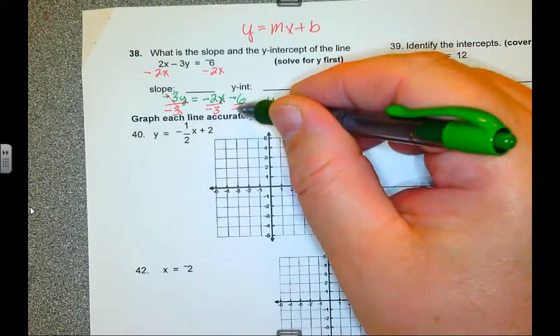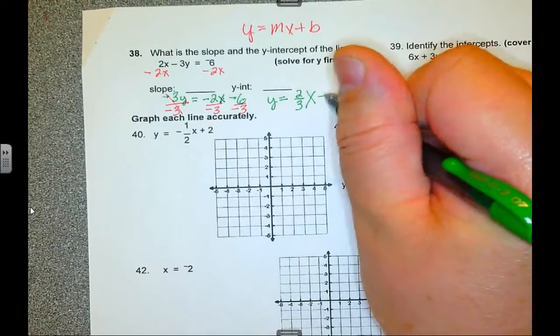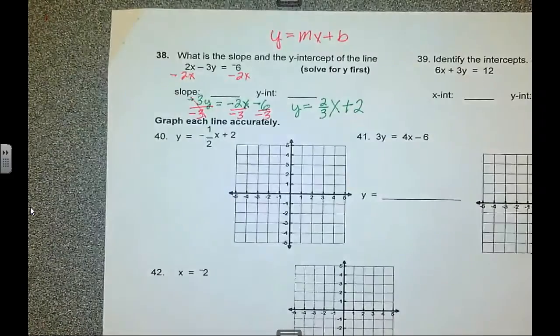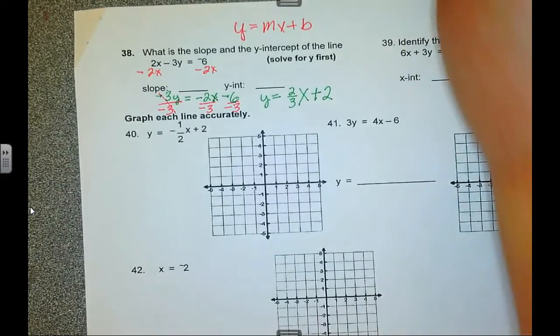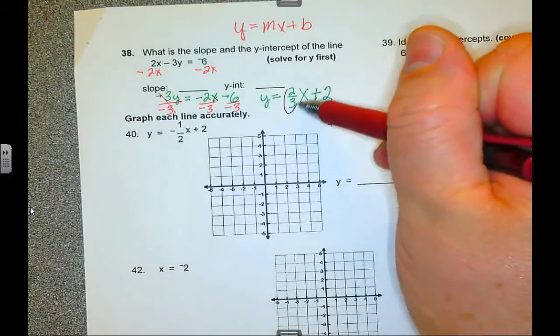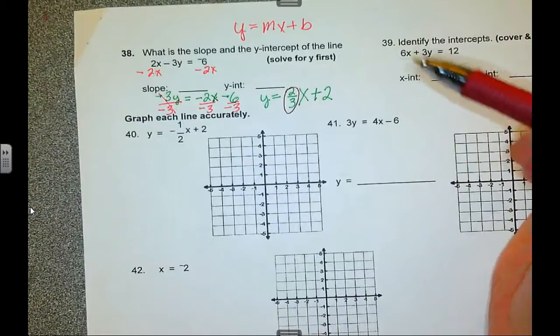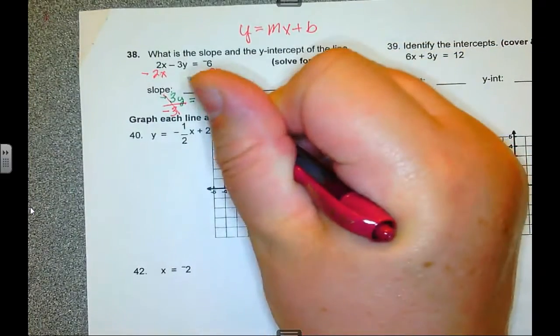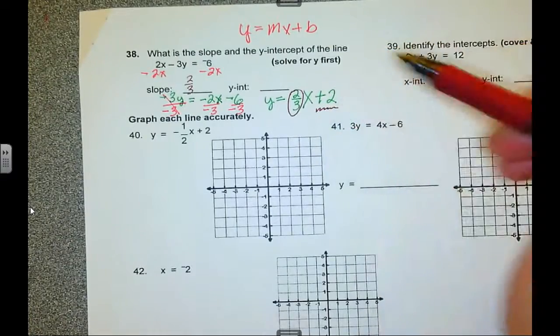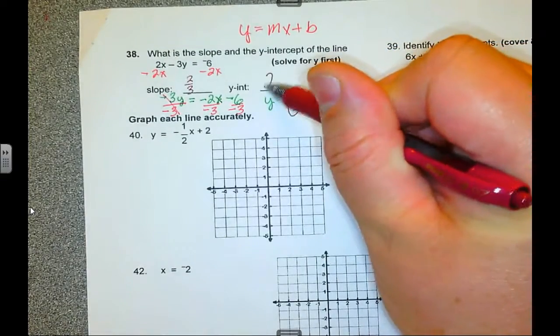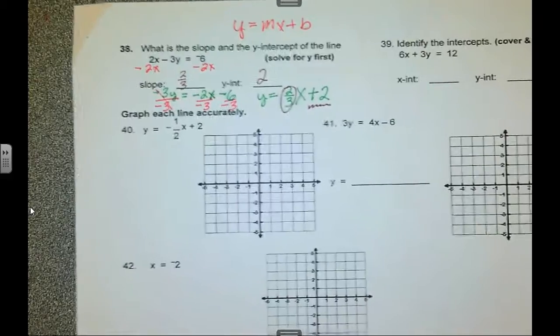Negative 6 divided by negative 3, positive 2, okay? So what's my slope? Obviously 2/3. It's the coefficient of x. What's my y-intercept? 2.